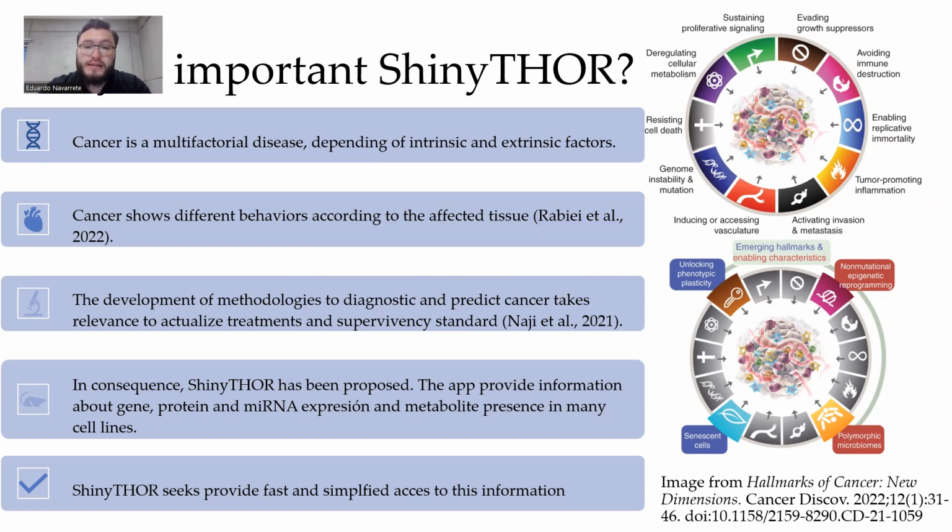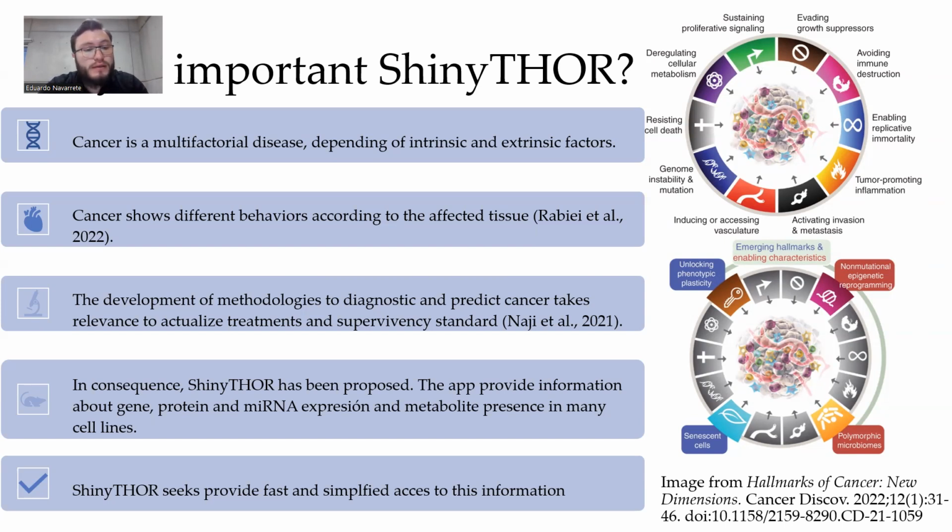Cancer shows different behaviors according to the affected tissue, okay? According to Rabier et al. in 2022. Therefore, the development of methodologies to diagnose and predict cancer takes a capital importance. With this high accuracy, it's important to update the treatment and survival standard.